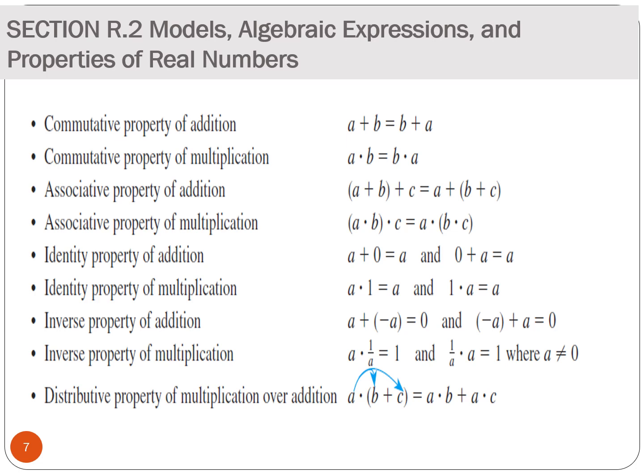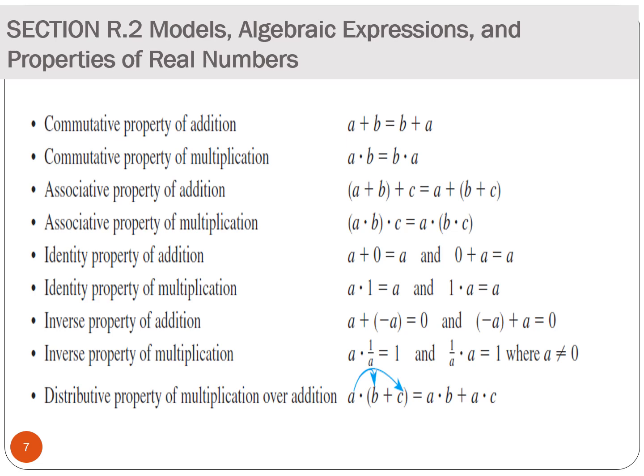The associative property for multiplication is a times b times c, and if you multiply a and b first, times c, you get the same thing as a times the product b, c. Identity means a number that if you apply to any other number, you get the same number.